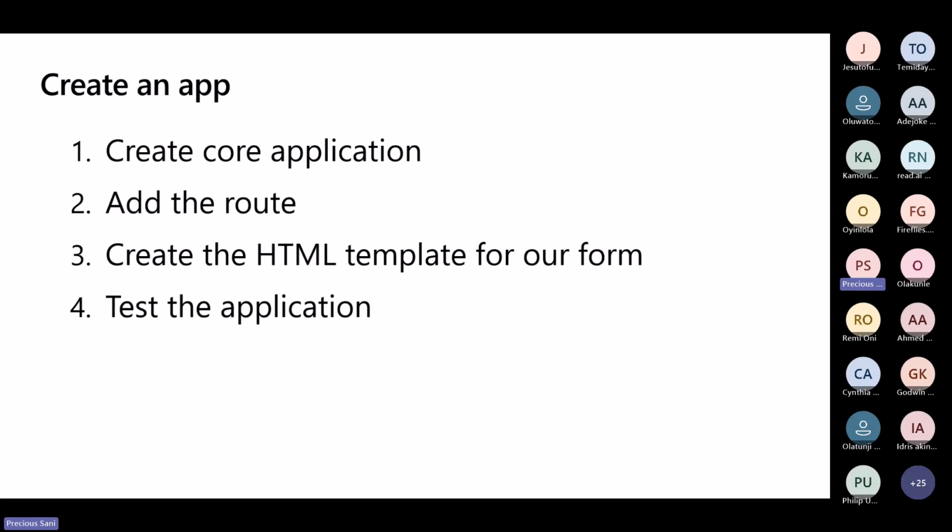Now, within that templates folder, that's where we want to add our HTML file. So if you've seen an HTML file before, you know you have the headers, you have the body, you can have a form within that, and every other thing, right?